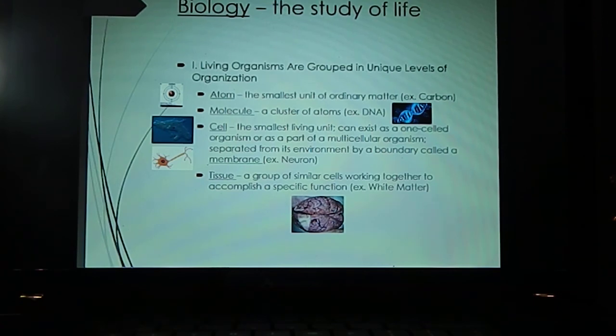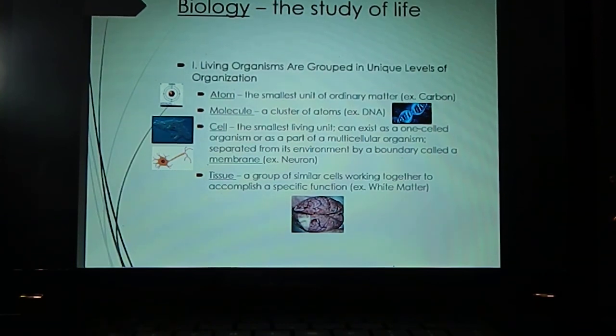These are called organic molecules, and we'll talk about that more in chapter 3. Just a note, an example of a molecule is DNA, deoxyribonucleic acid, and it has carbon atoms associated with that molecule.